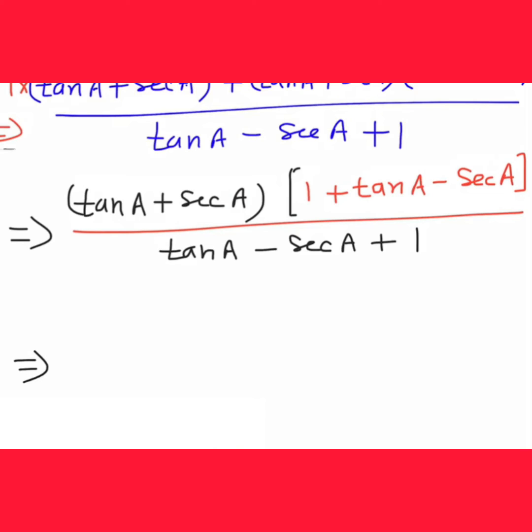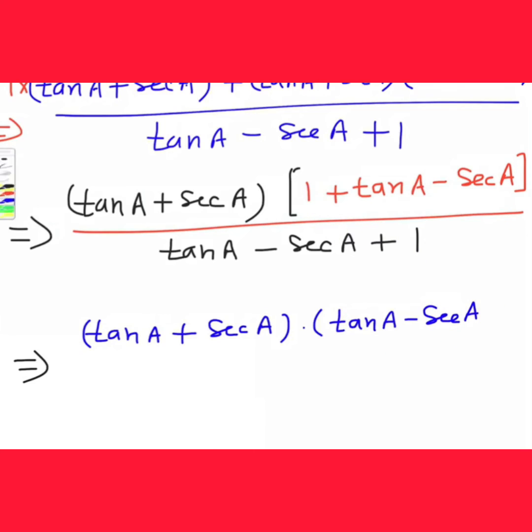After that, in this step, we want to arrange the terms again. That is, we will write tan A plus sec A, and in the second term, tan A is positive, so we will write it first, tan A, and sec A is negative, so we will write minus sec A, and this 1 we will write at the end of these two terms. 1 is positive, so we will write it as plus 1.